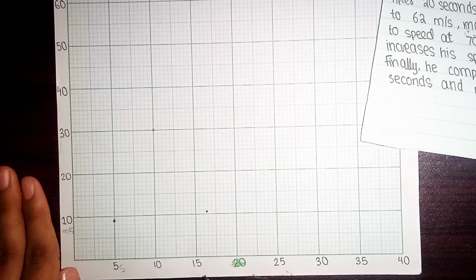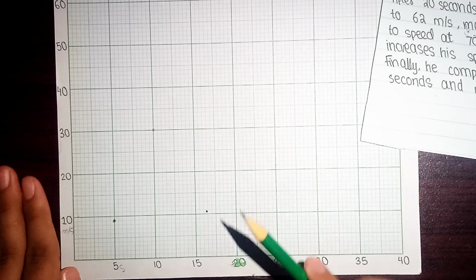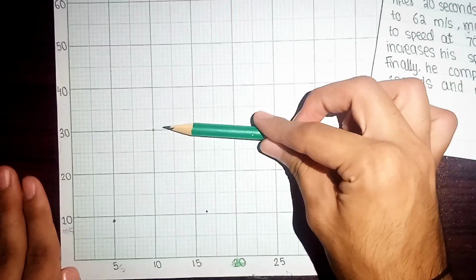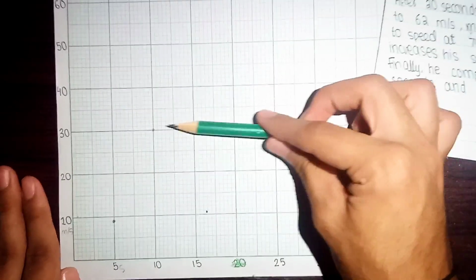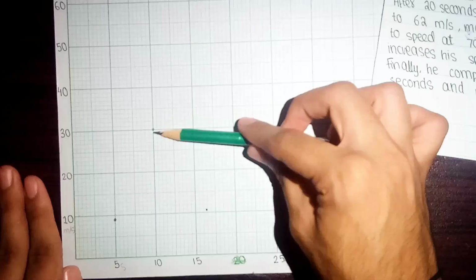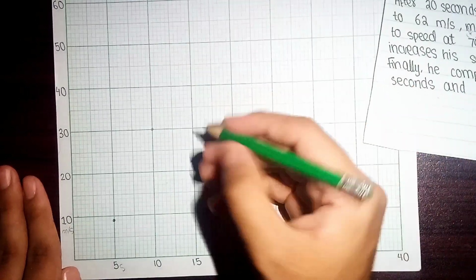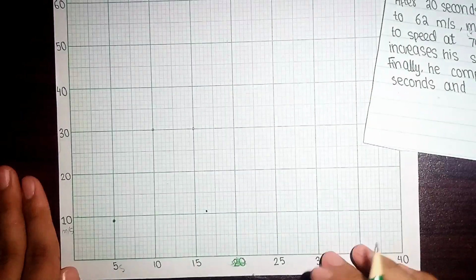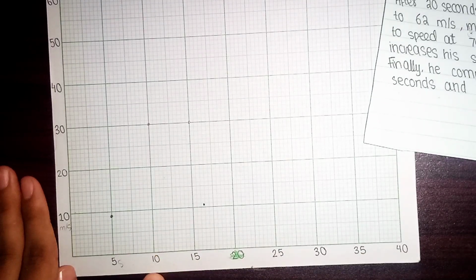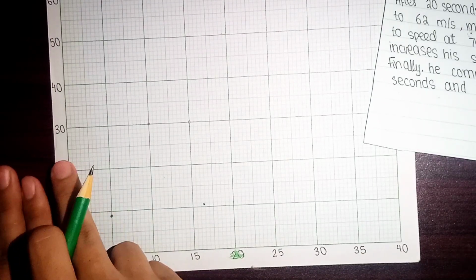This is the 10 seconds at which his speed was 30 meters per second. So at 15, what must be his speed? It must be equal, means the same line, the same or equal. It is simply 30 meters per second, the same, which must be constant in the terminology of physics.